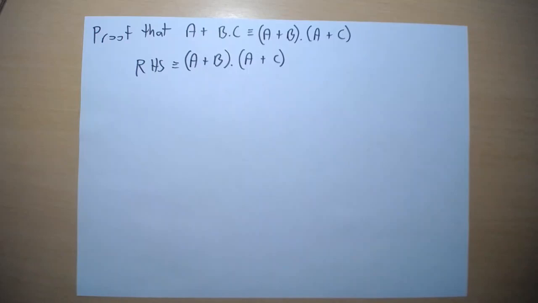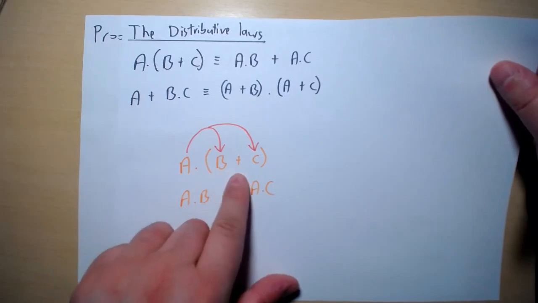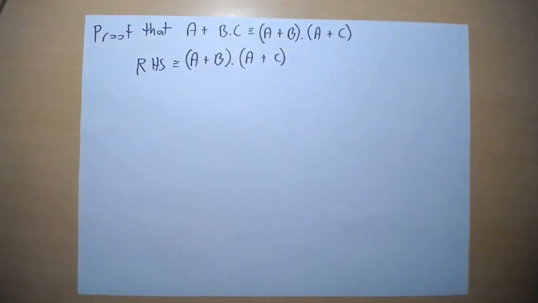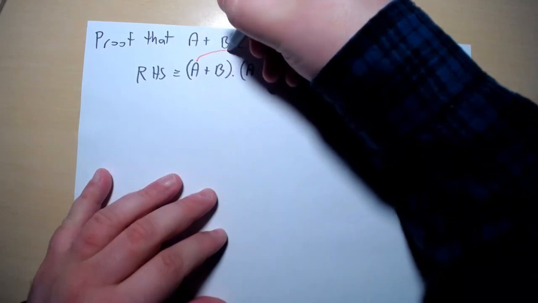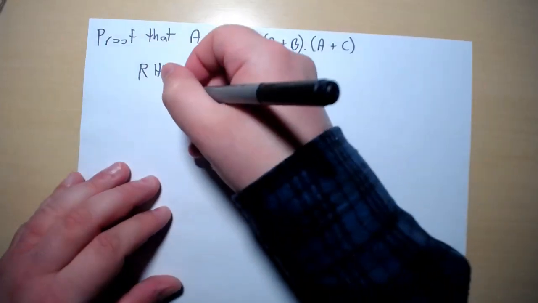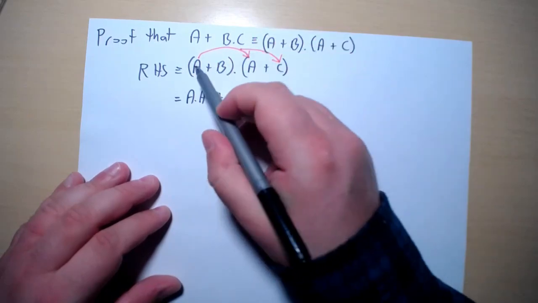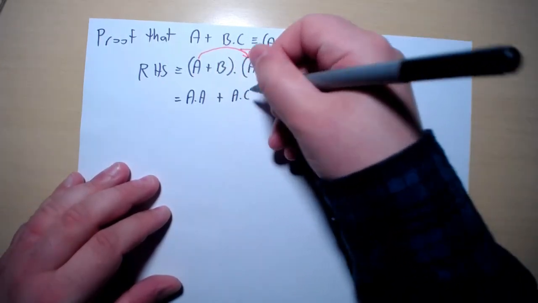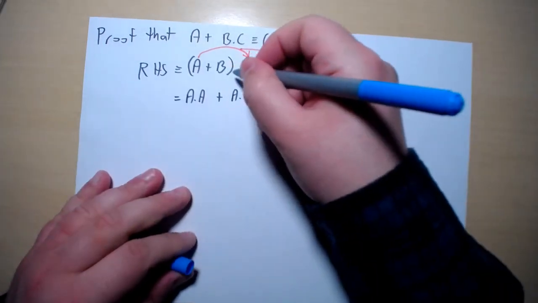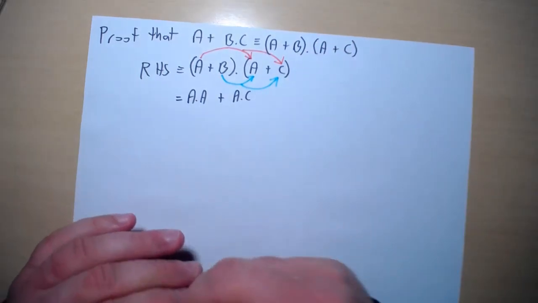Now, using the expansion technique that I have explained before, we are going to expand this by first anding this A with that A there and with that C there in order to get A and A, or A and C. And then I am going to do the same with this. So this will be anded with that one and with that one.